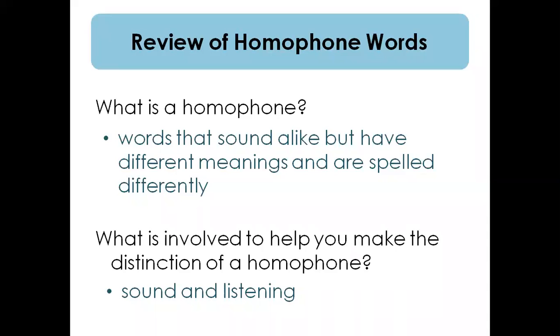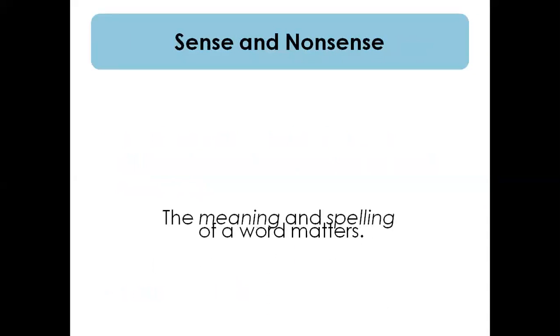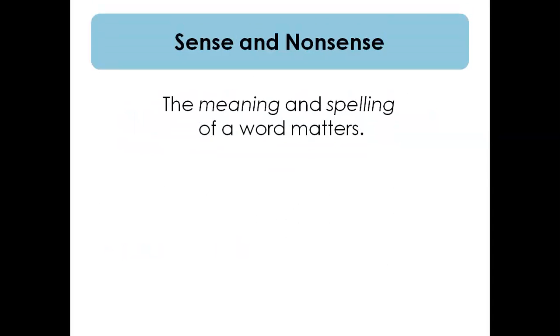Today, we're going to go over the meaning and spelling of the word matters, sense and nonsense. We're going to look at some different sentences that have homophones in them, and we're going to be able to identify what those homophones are.